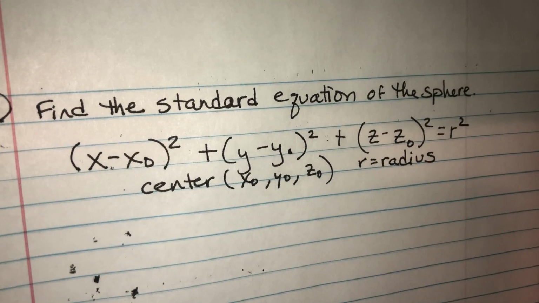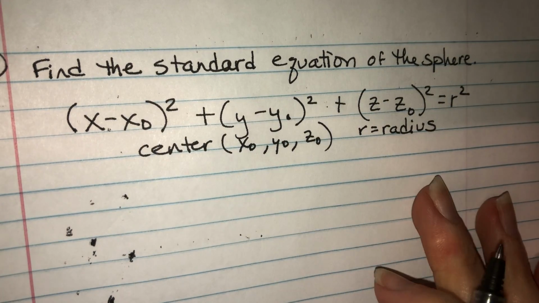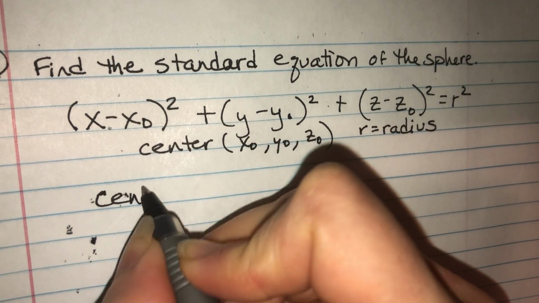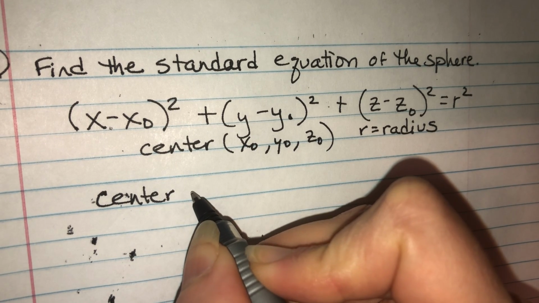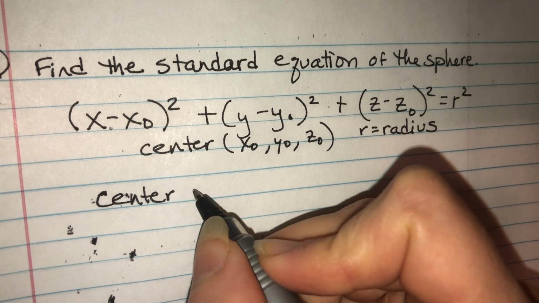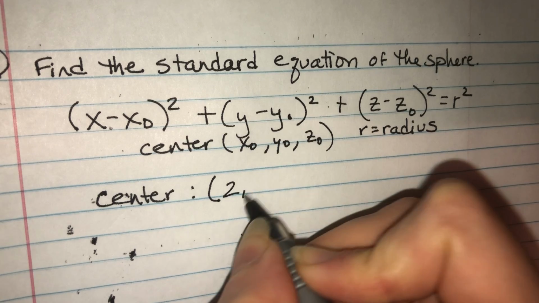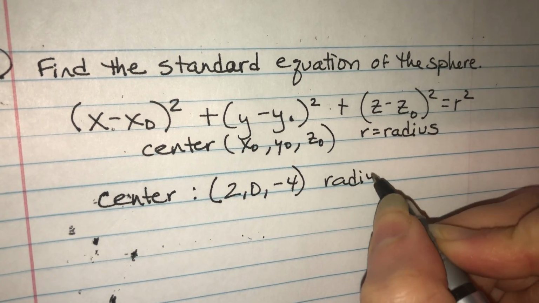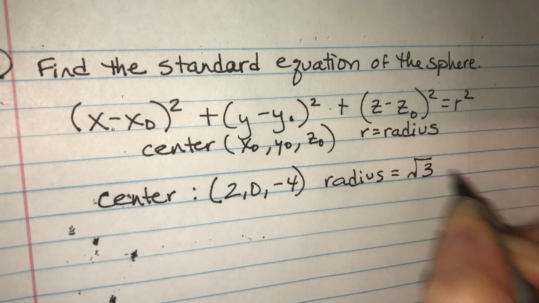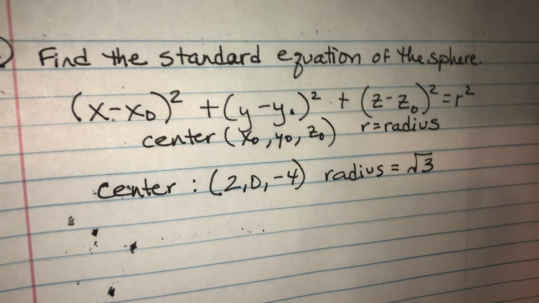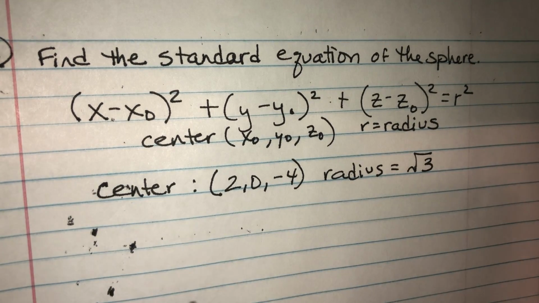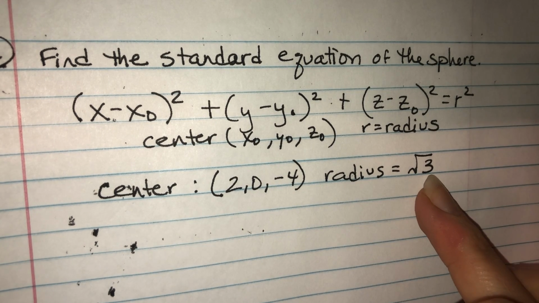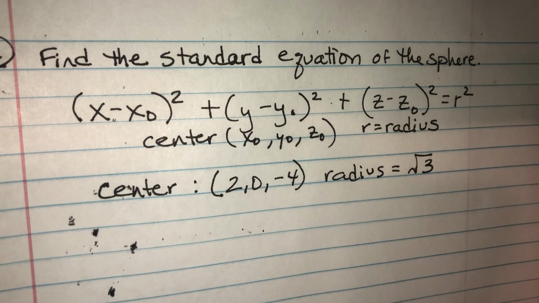All right, so that's the information you need to know to solve the problem. And then they're going to tell you here, make an equation in standard form for a sphere whose center is at the point (2, 0, negative 4), and whose radius is equal to the square root of 3. Beautiful number. So we substitute the center in for x naught, y naught, z naught, and the square root of 3 in place of the r.